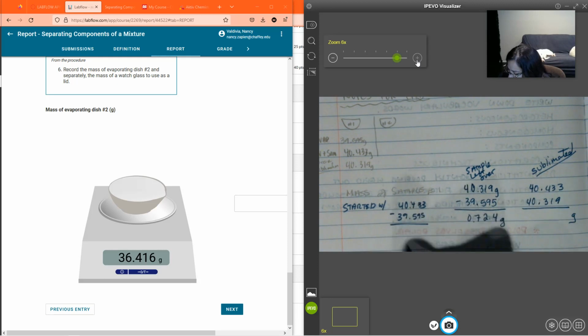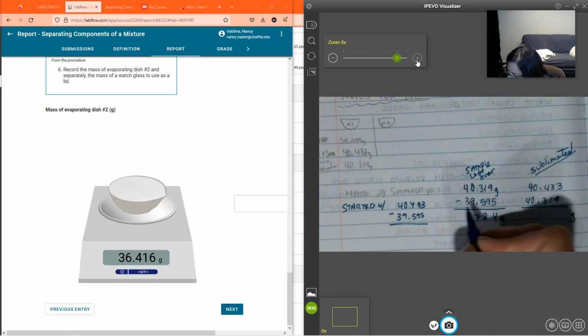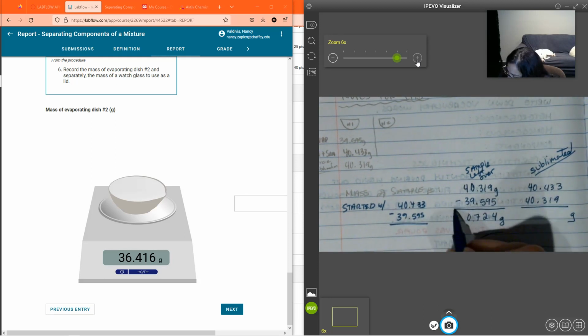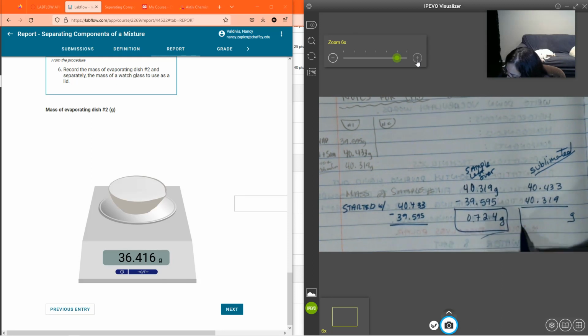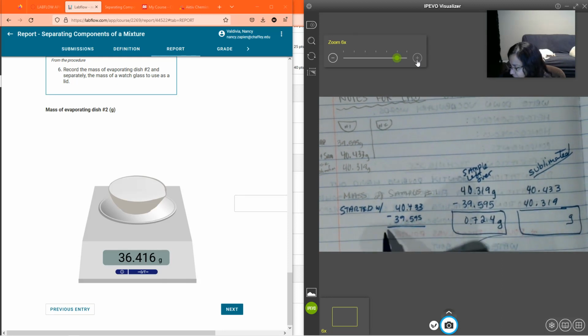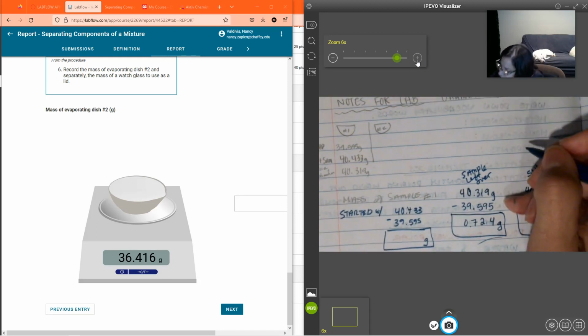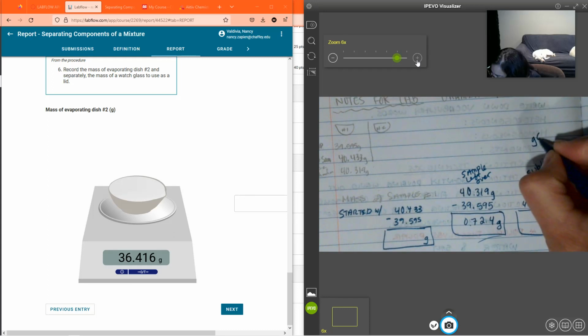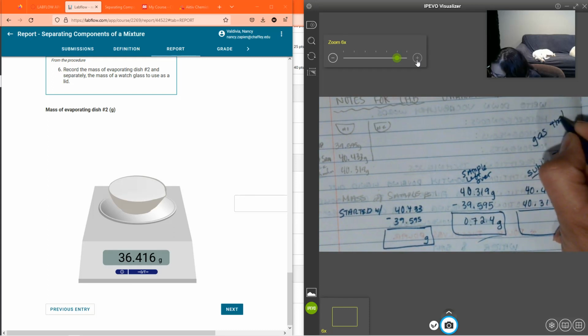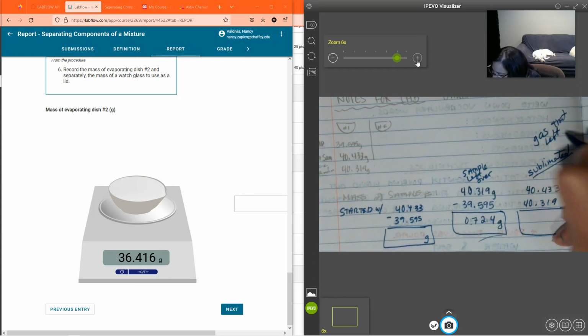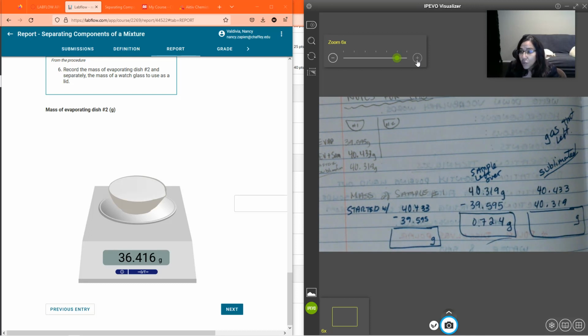So you started with this, whatever that's going to be. The sample left over was this, and the amount sublimated is going to be right there. So 3 different things that you were able to figure out. And remember, when I say sublimated, that's the amount of gas that left. Okay. Now, whether or not you're going to use that information, I don't know.